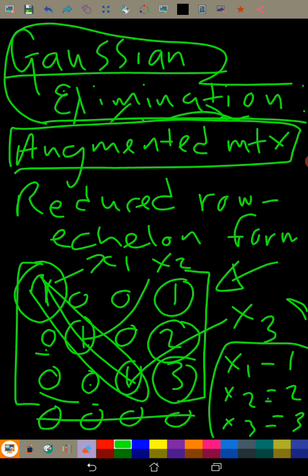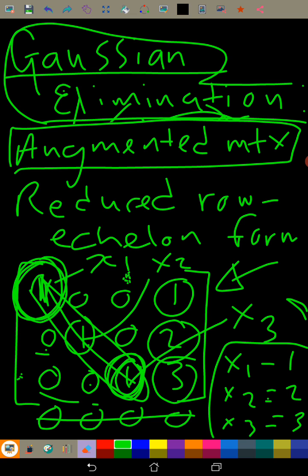Which means that here at the top, the one has to be at the left, and at the bottom, the one has to be at the right corner. That's the principle. You cannot have the one here where I'm making dots and then one here.